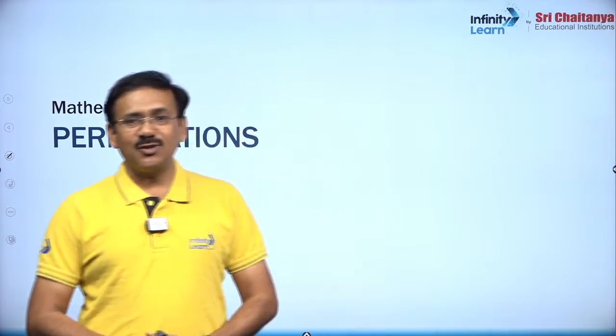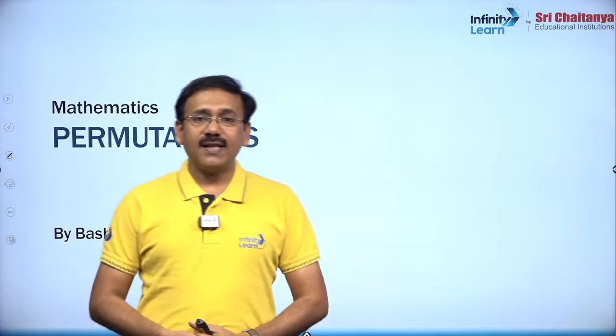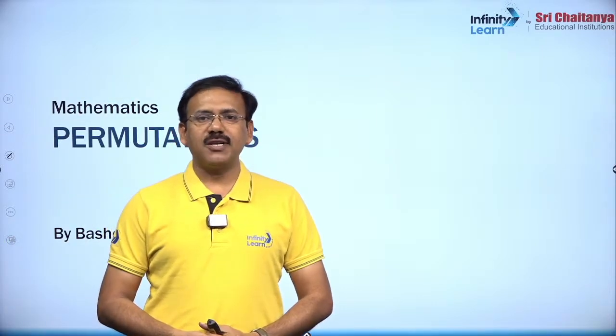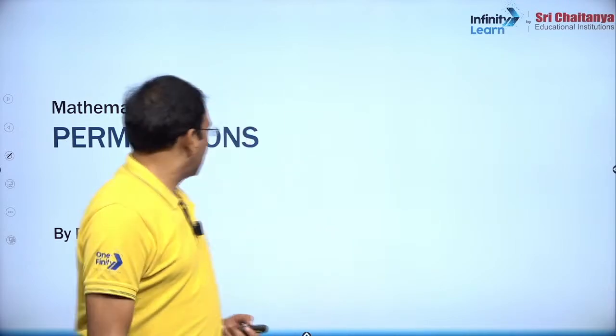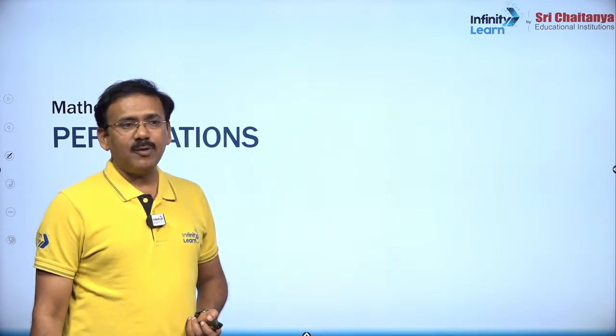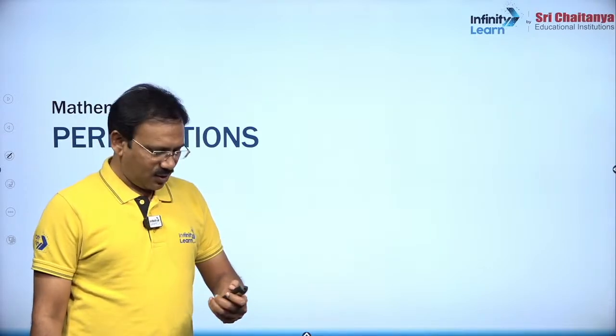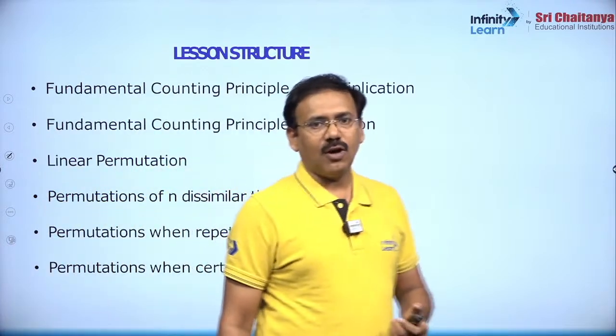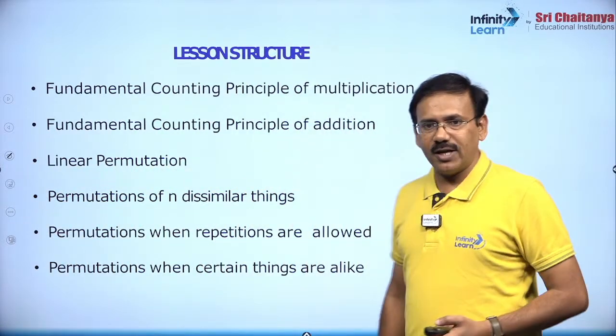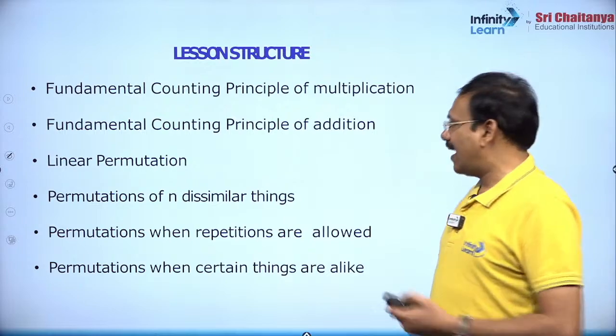Right, dear students, in today's session, I'll try to brief the complete chapter of permutations and combinations in a quick way. First of all, the topic starts with the fundamental principle of counting, the fundamental counting principle of multiplication and addition.